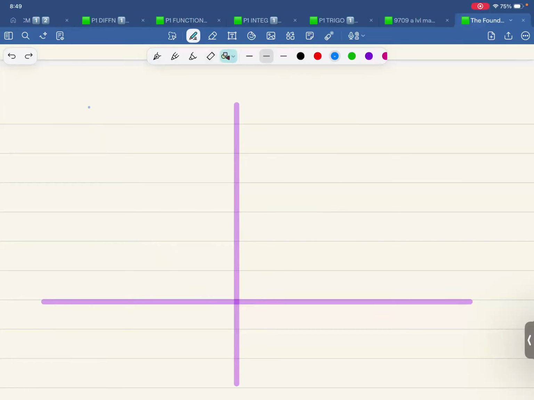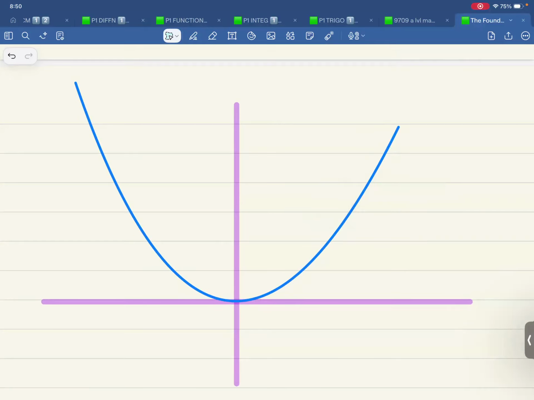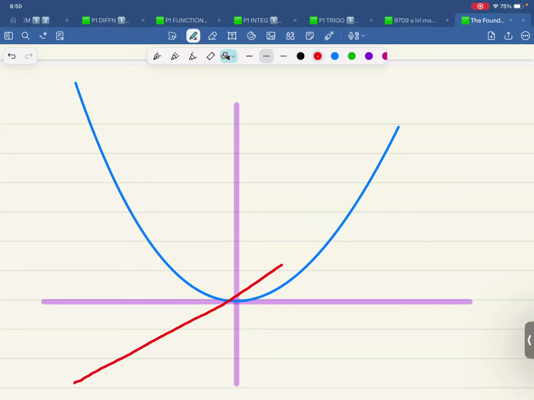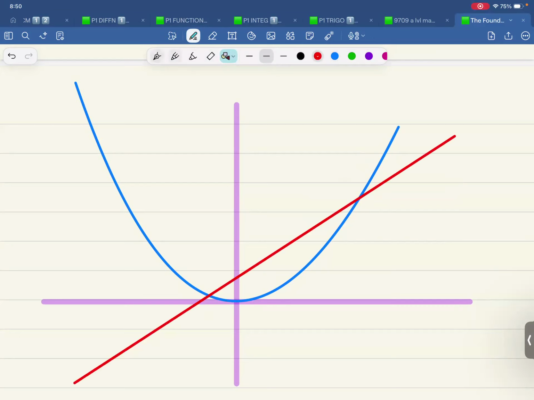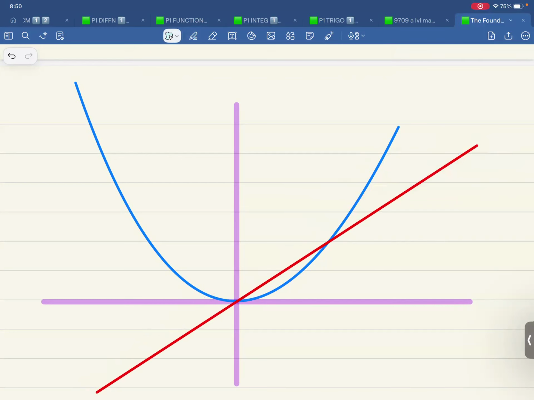Let me draw it properly. That is the graph of y equals x squared. And then the red line, that is the graph of y equals 2x, something like this. Okay, let me just push it, make it realistic. Now, something like this. Now look at the working.